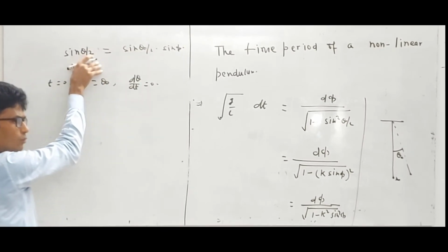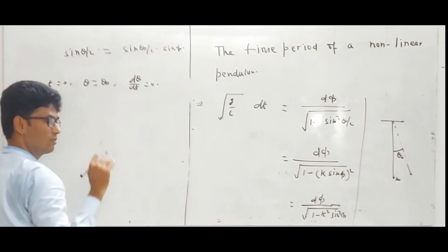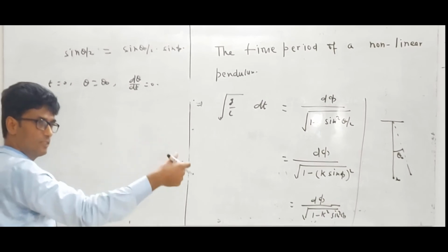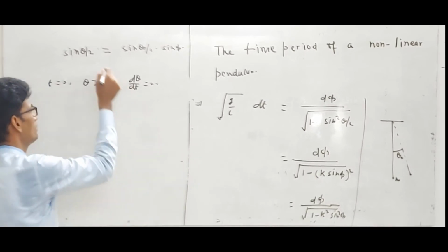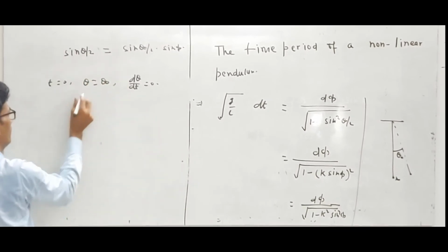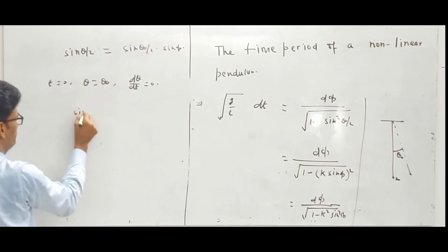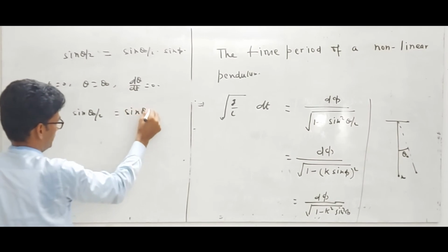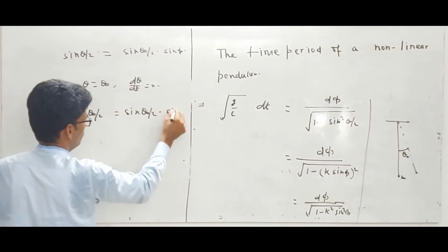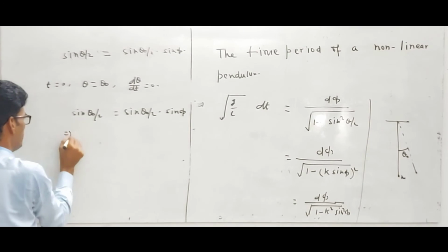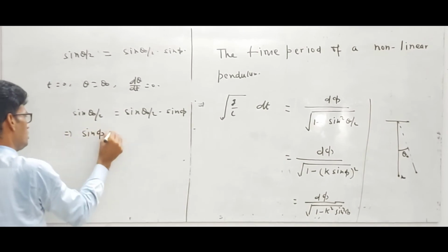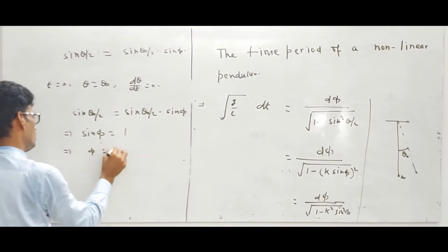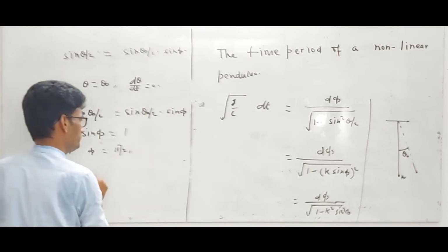Why cancel? Is this a known factor? No, it's a certain angle theta naught, a certain acute angle, so sin has some non-zero value. That is why, when theta is equal to theta naught, sin theta by 2 is equal to sin theta naught by 2 into sin phi. So this implies sin phi is equal to 1. This implies phi is equal to pi by 2.